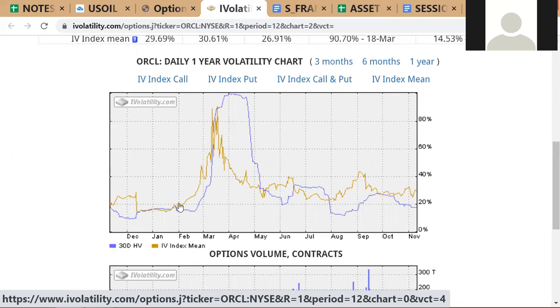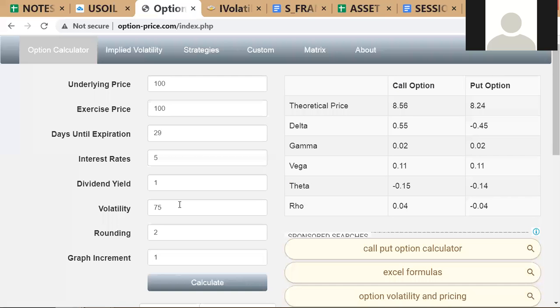You don't know whether the underlying asset will go down or up, but you buy both calls and puts because you think the IV is going to shoot up, and the IV actually shoots up dramatically. So if you buy calls and puts, you have positive Vega, which means if the IV goes up, you'll make money. That's what positive Vega means. You already saw that: call price went from $3 to $8.50 as the vol changed.